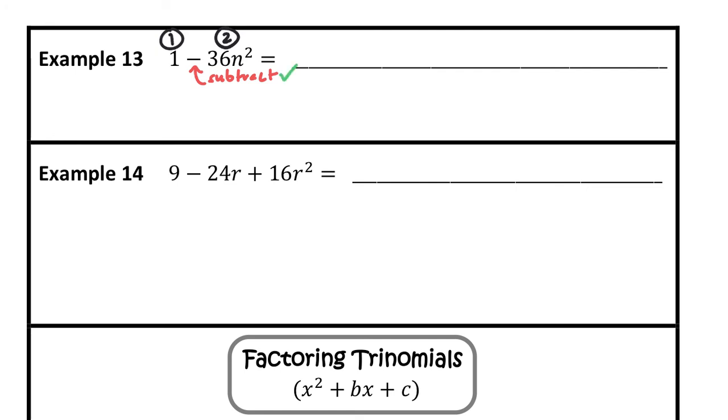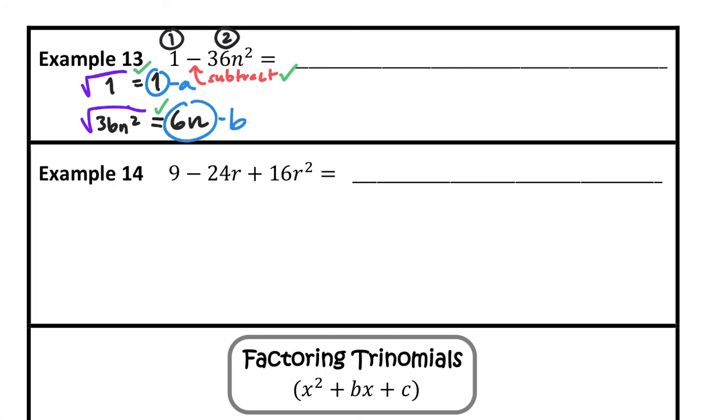Yes. Can I square root 1? Yes. Can I square root 36n squared? Square root of 36 is 6. The square root of n squared is n. So yes. So I have my a and my b.